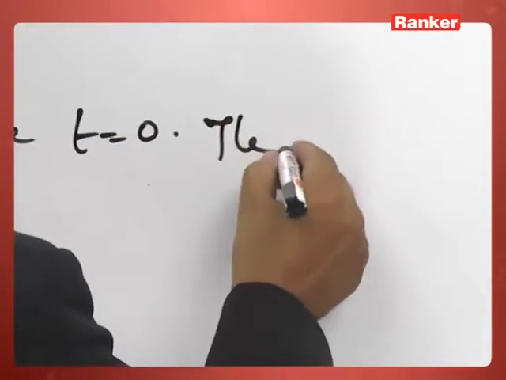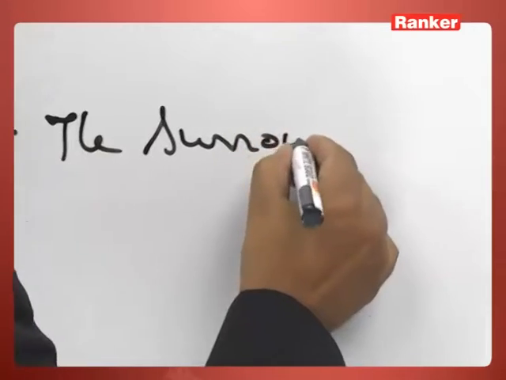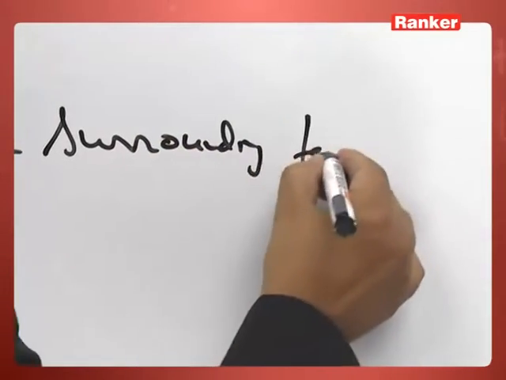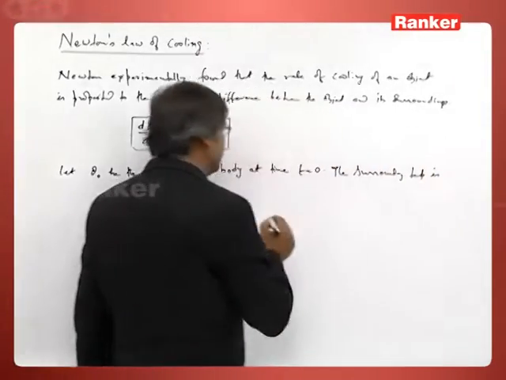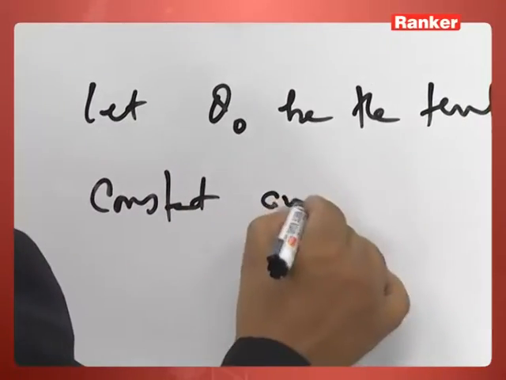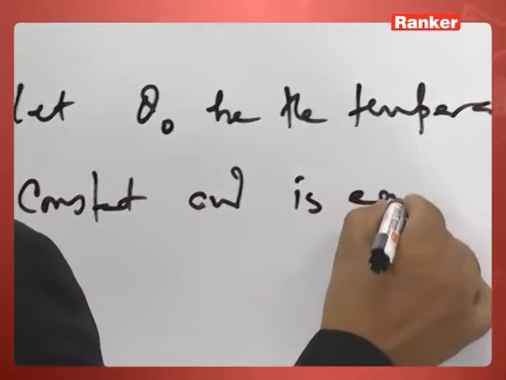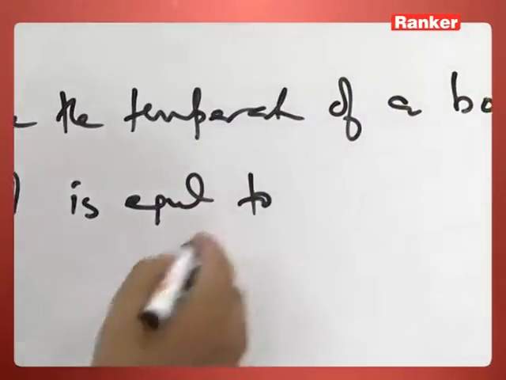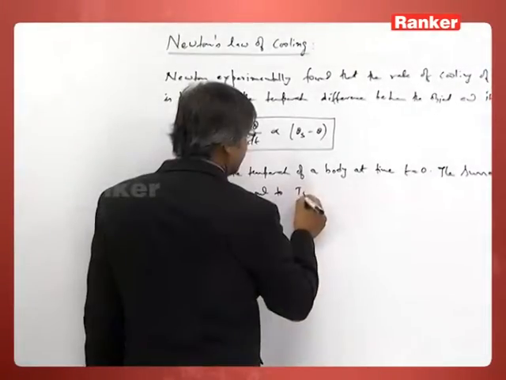The surrounding temperature is constant and is equal to Ts.